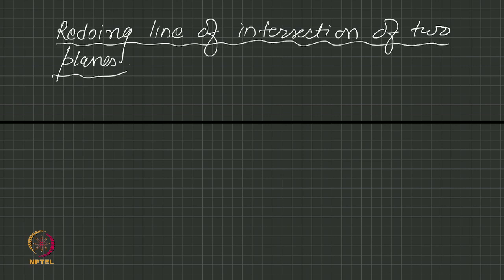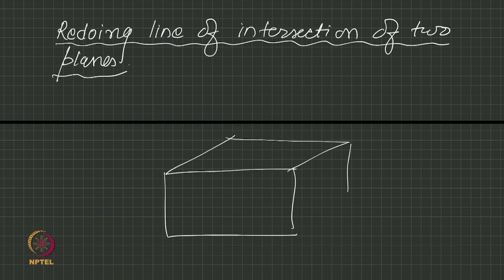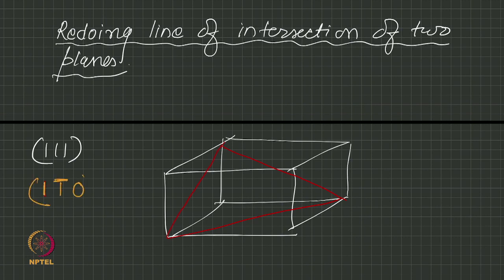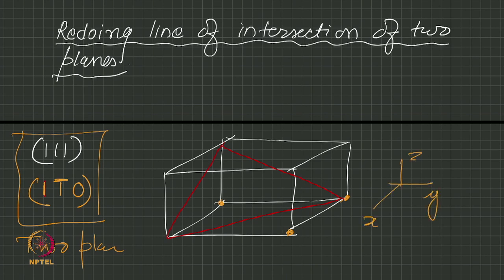Remember that we geometrically drew within the unit cell two planes given: the 1 1 1 plane, and then the 1 bar 1 0 plane. For the 1 1 1, we took the origin there; our axis system is x, y and z.